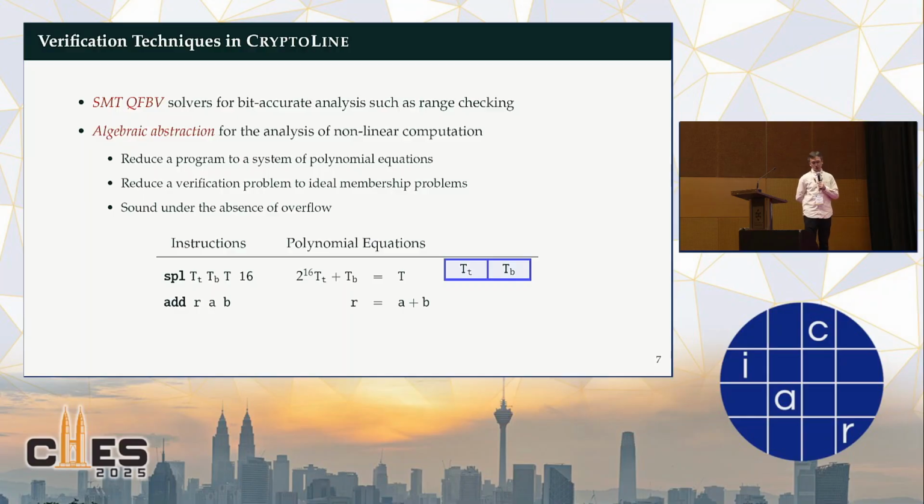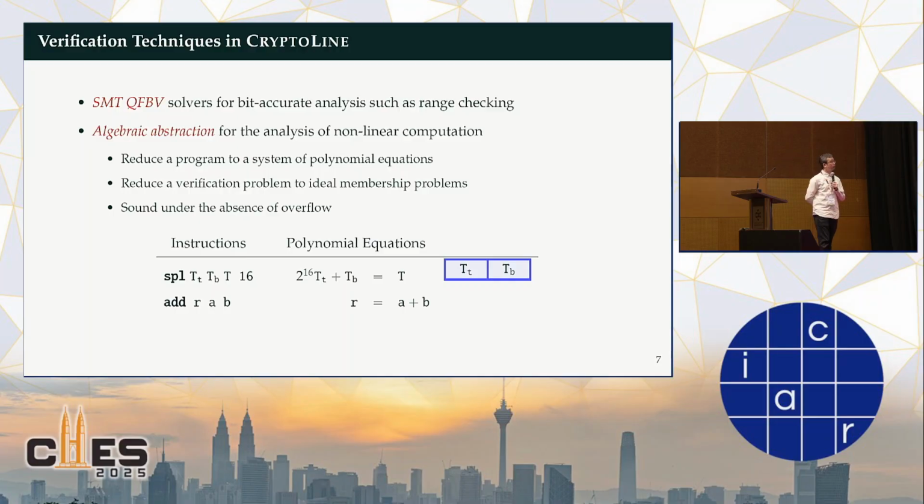In algebraic abstraction, a program is first reduced to a system of polynomial equations, such that a program trace corresponds to a solution of the system of polynomial equations. For example, consider the split instruction, which splits a 32-bit vector t into two 16-bit vectors, tt and tb.